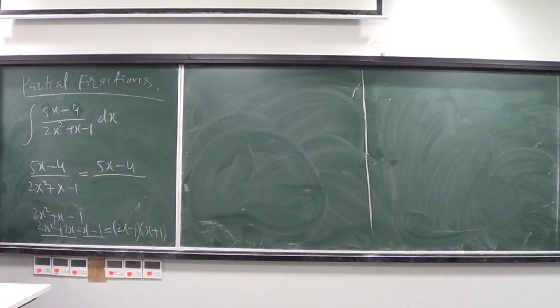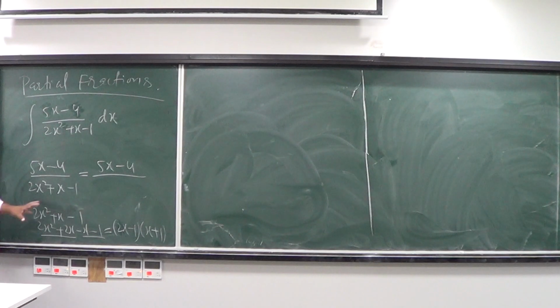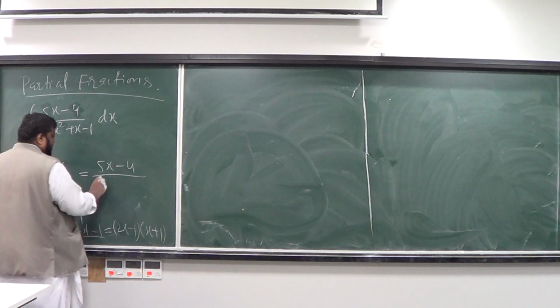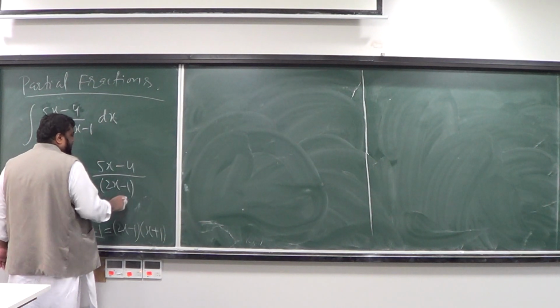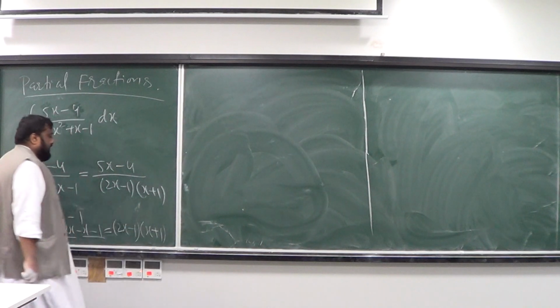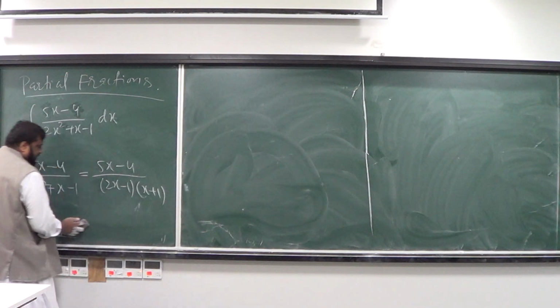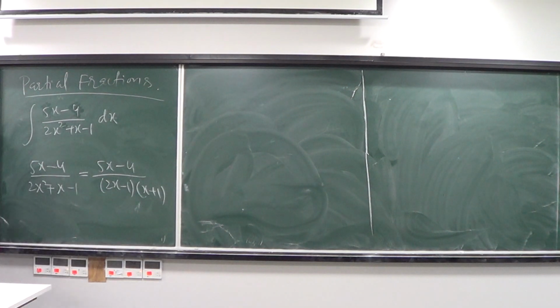I'm not going into the details of this algebraic manipulation; I'm assuming you know it. So this becomes 2x minus 1 times x plus 1. I have factorized the denominator. Is some simplification possible? The answer is no, it's not in such a form.